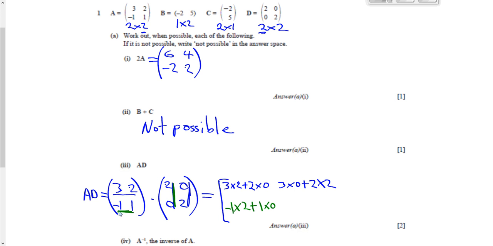And then we'll do the bottom row multiplied by the second column, the right-hand side column there. So it's going to be minus 1 times 0, plus 1 times 2.